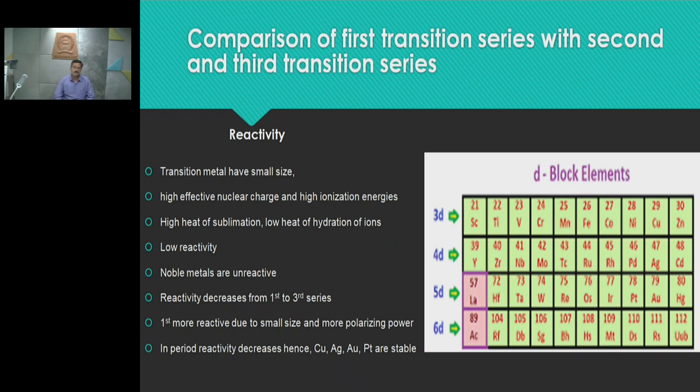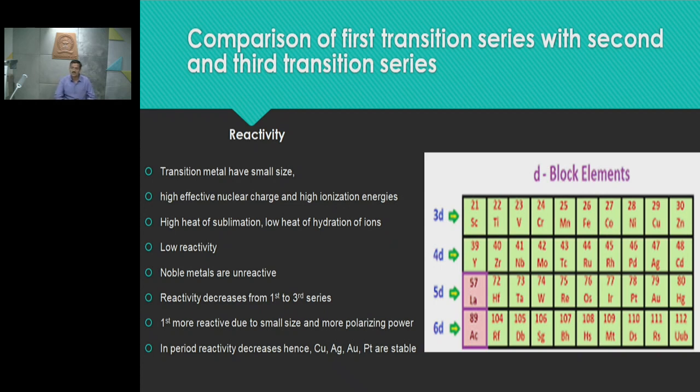When we compare with respect to reactivity, the transition metals are generally smaller in size. They have high effective nuclear charge and ionization energy, higher heat of sublimation and low heat of hydration of ions. So low reactivity. Noble metals are generally non-reactive. Reactivity decreases from the first to the third transition series. The first is more reactive due to smaller size and high polarizing power.